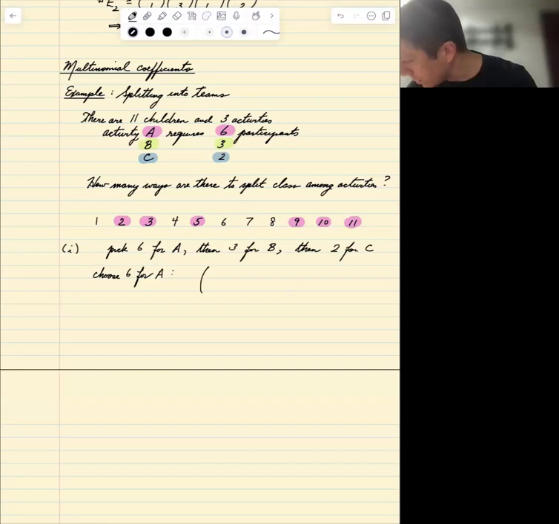Well, there's 11 to start. From the 11, we pick 6.